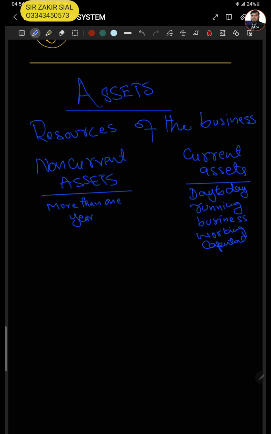Now, non-current assets are further divided into two parts: tangible and intangible.